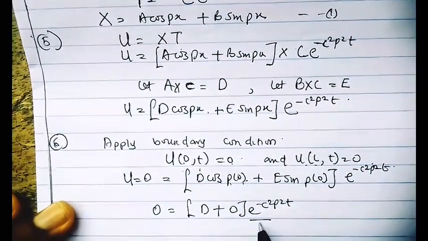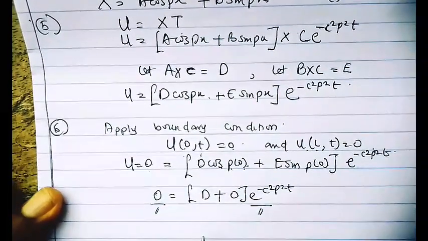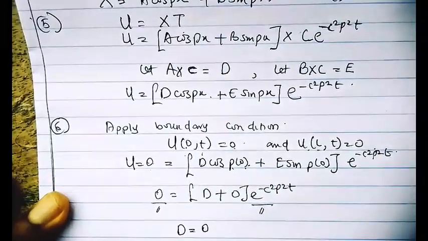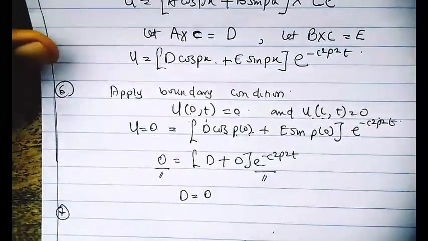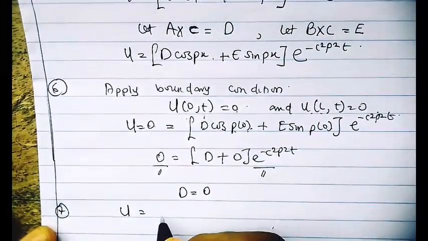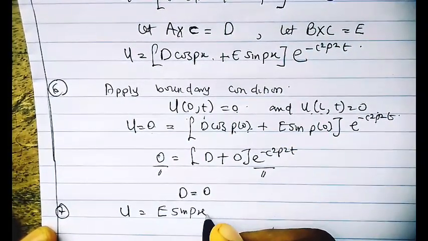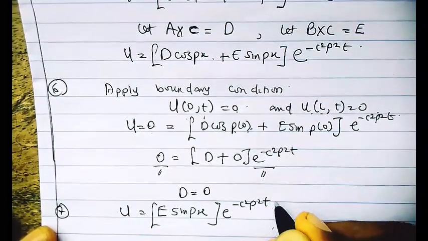So I can divide both sides by exponential minus c squared p squared t. So d is equal to 0. So that's my step 7. I can rewrite my solution u, since d is equal to 0, to be left with e sine px, open bracket, exponential minus c squared p squared t.